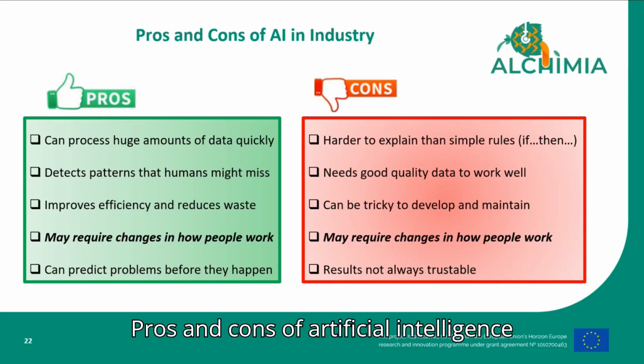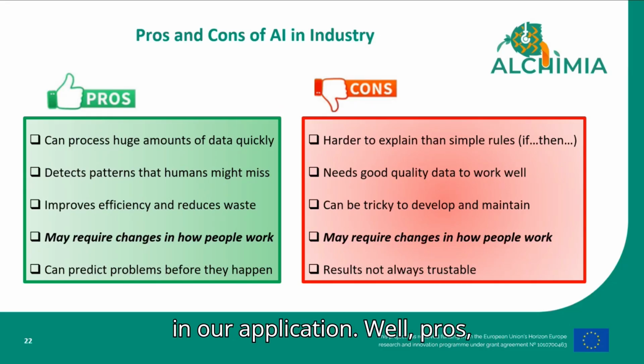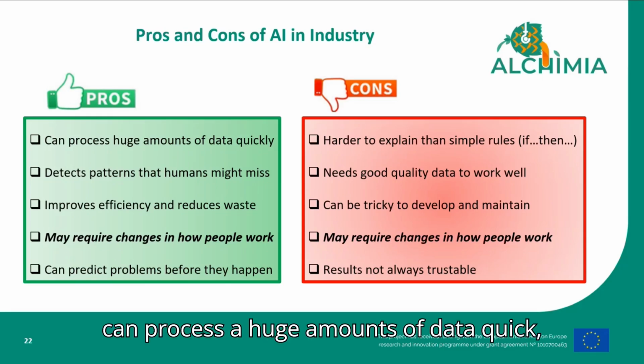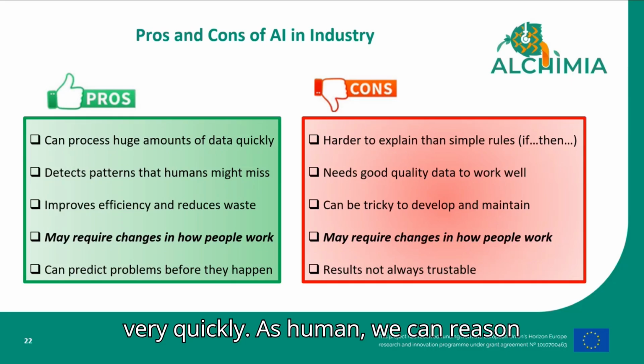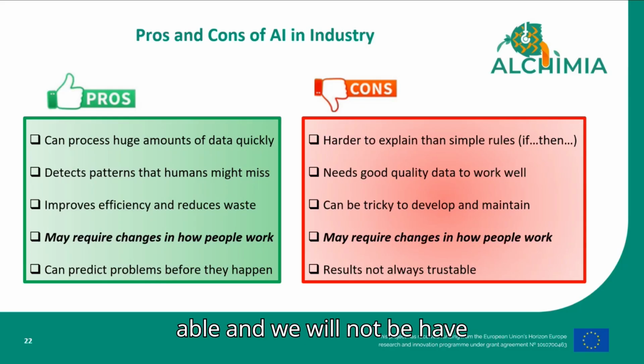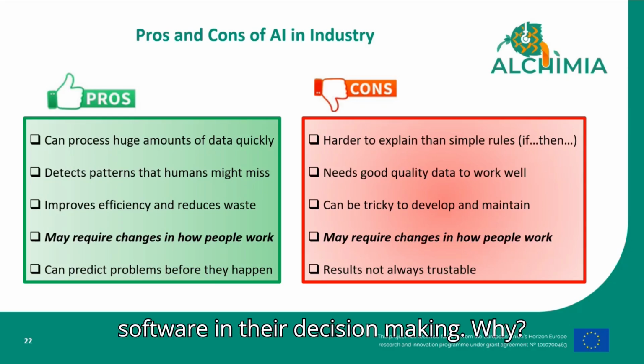Pros and cons of artificial intelligence in our application. Well, several pros, because obviously it can process huge amounts of data very quickly. As humans, we can reason in a very detailed way, and we will never be replaced by such automatic software in decision making. Why?